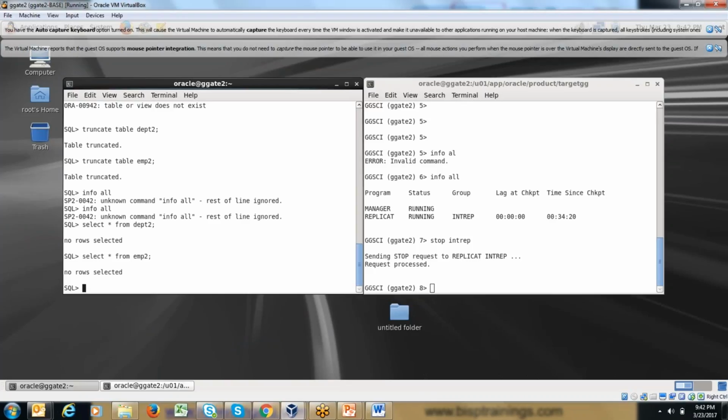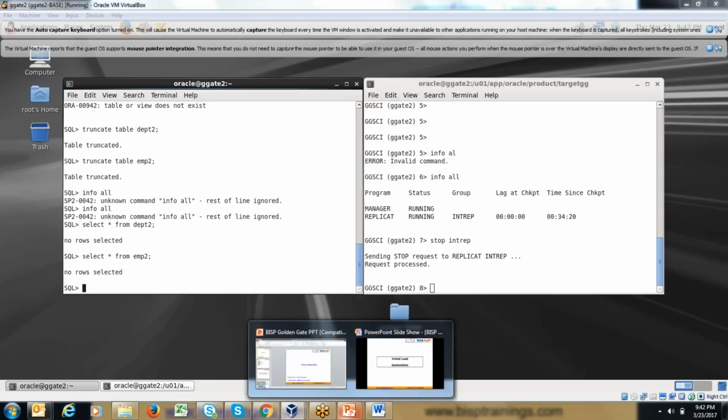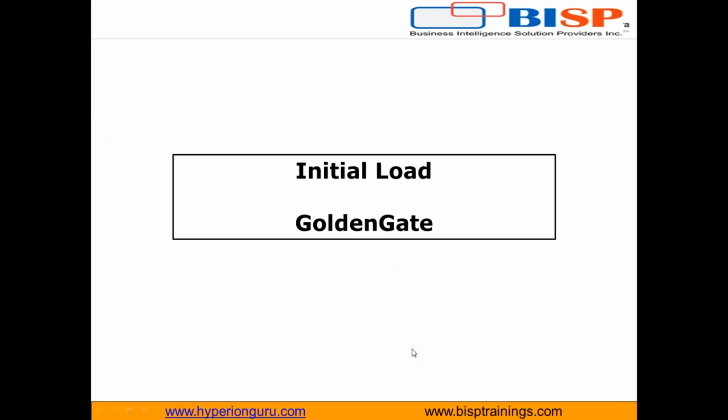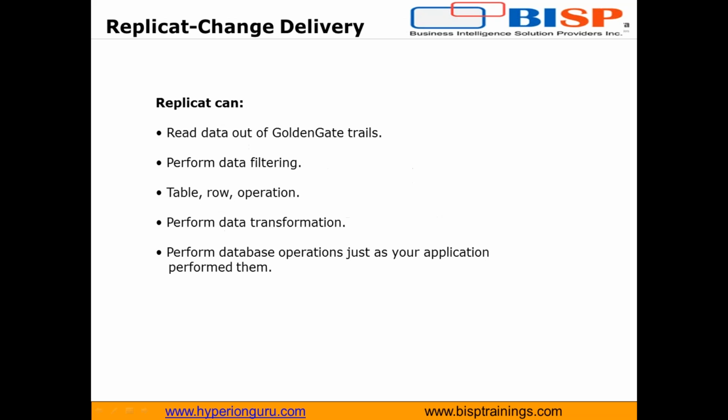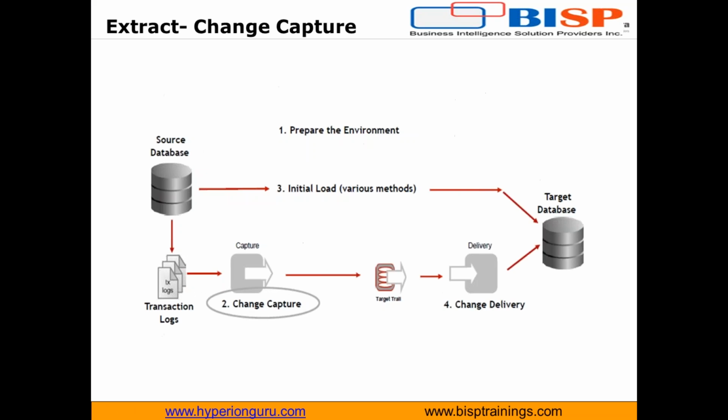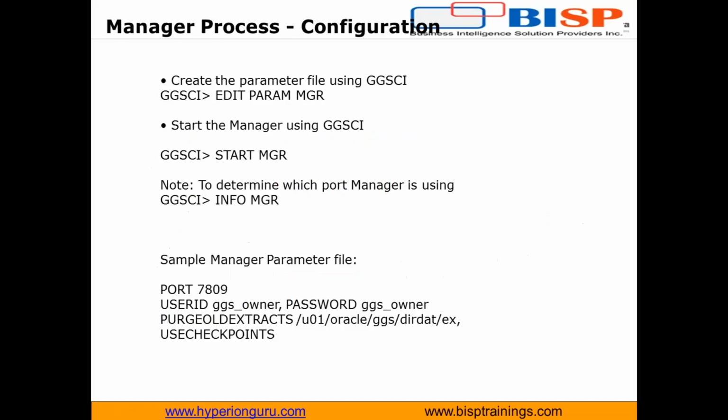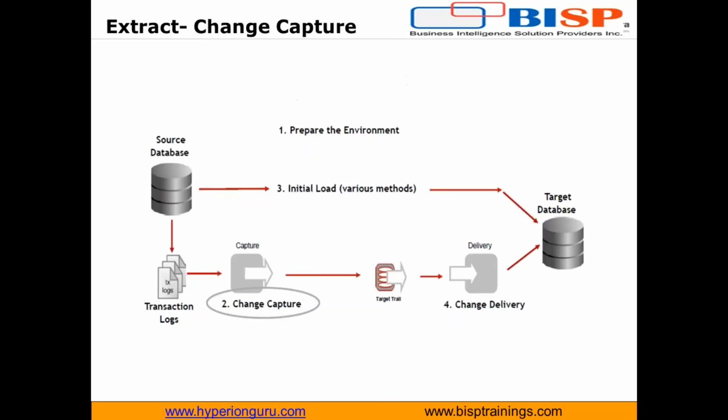Consider a scenario wherein you have a 500 GB source database already present, and today you decided that you will create a secondary database which will be replicating data from source to target. This database is running for the past 2 years and so far has 500 GB of data.